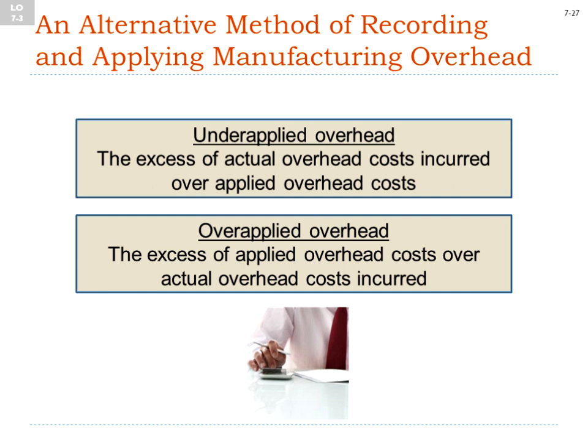If you have over-applied overhead, then you're going to have the opposite. Over-applied overhead is the excess of applied overhead over actual overhead. So again, to recap, for under-applied overhead you have actual overhead over applied overhead, and for over-applied, it's the exact opposite. It's applied over actual.